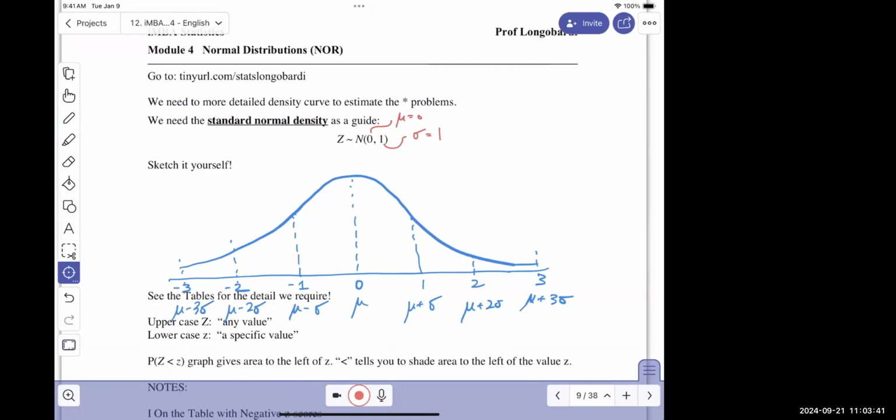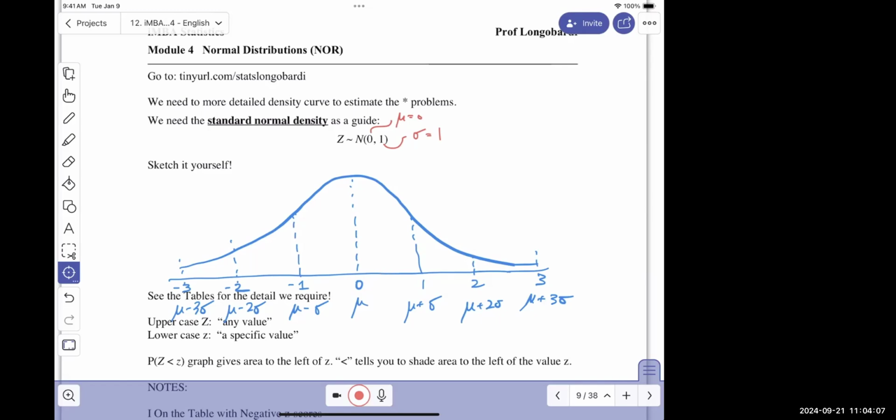Okay, so why is this so special? Well, for one, any number that I tell you, if it's standard normal, you know where you are relative to the mean. You can visualize it. And in fact, statisticians provide a detailed set of values to help you make estimates, not just 68, 95, 99.7.